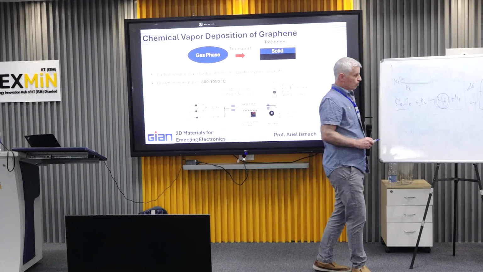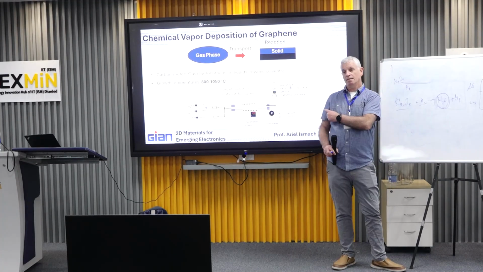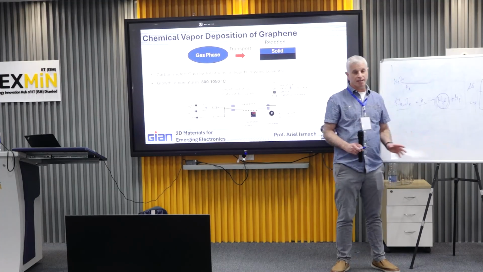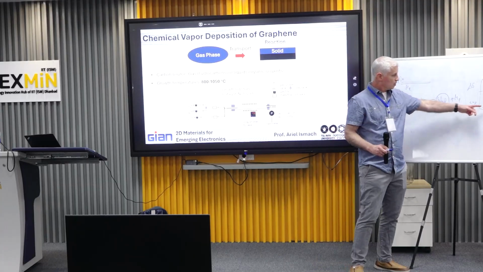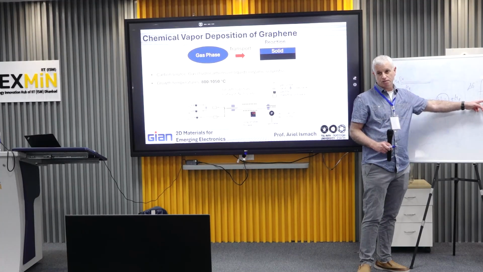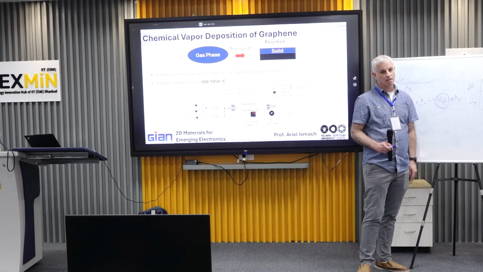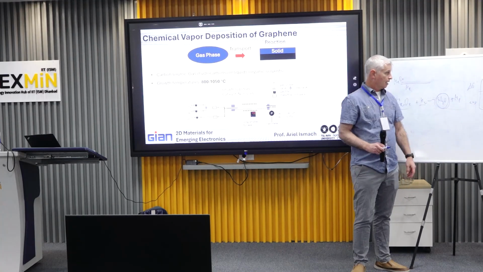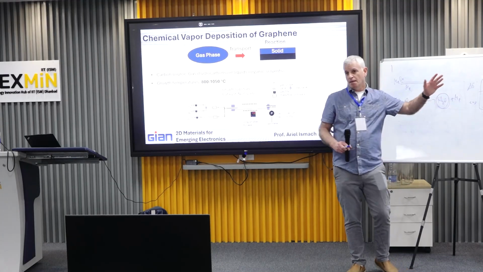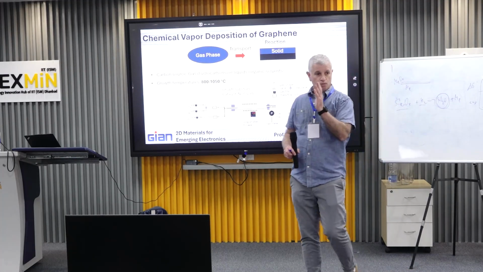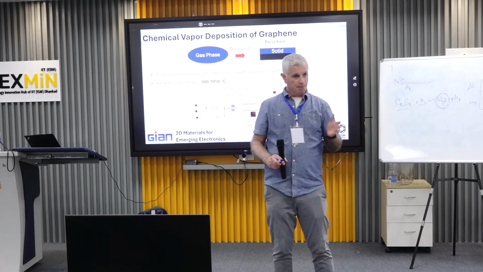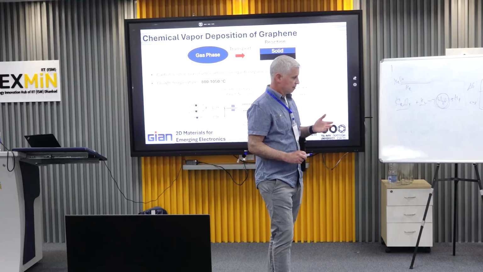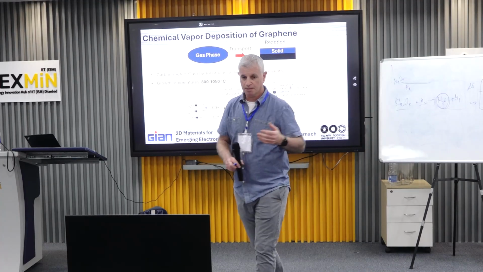But in order to work with iridium in a system like that, you would need to find a solution for the oxide, because the reduction of the oxide with hydrogen will not be enough. You will not be able to remove the oxygen in this oxide. And therefore, this simple scheme helps you to screen materials. In this case, metals for the growth of graphene, but it can be used in many other systems.